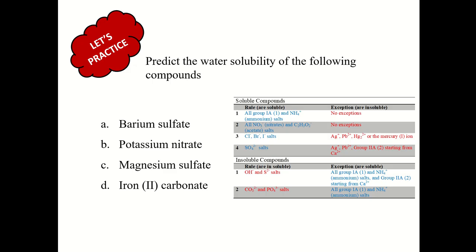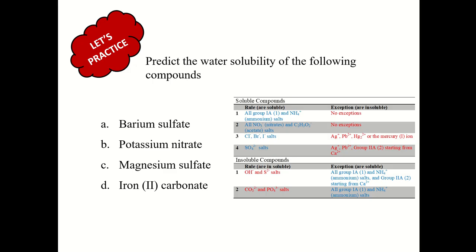Okay, so barium sulfate, sulfates are soluble except if they are connected with silver, lead, and group 2 starting from calcium. If you go to your periodic table, barium is in group 2, so it is not soluble. Then potassium sulfate, look at this table. They say that nitrate is always soluble with no exceptions.